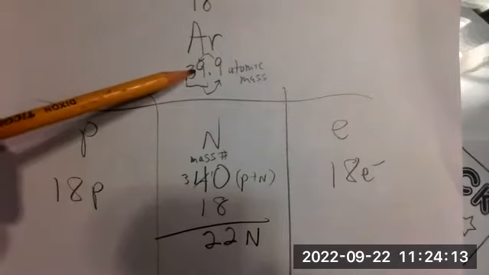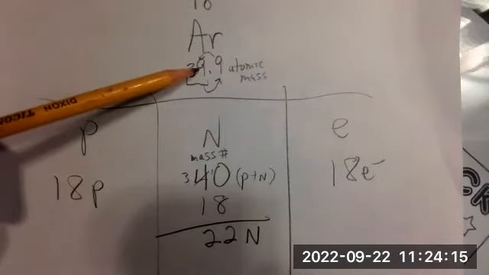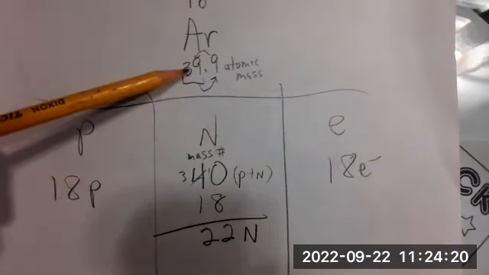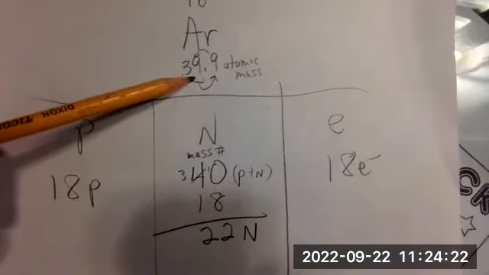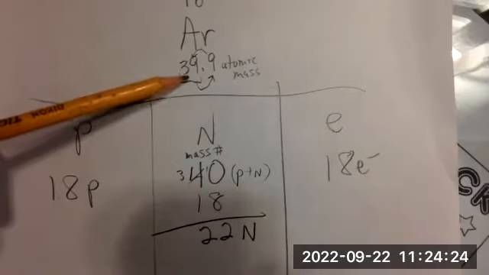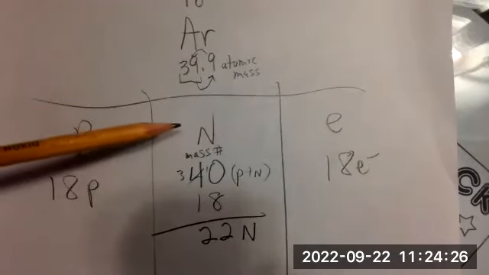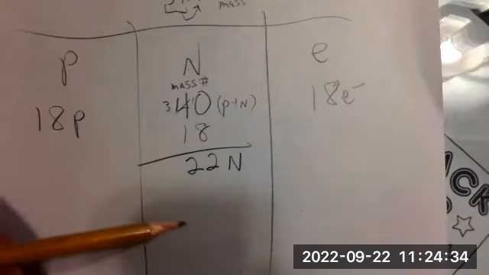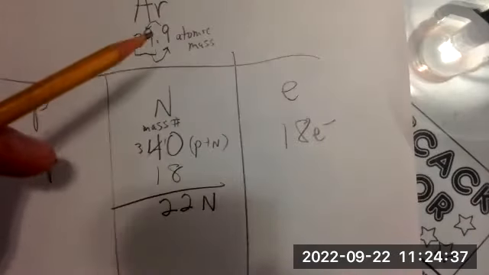But when you change the mass, you get the same element, just of a different mass. And so elements that are the same but have different masses are called isotopes. So changing protons, you change the element completely. Changing neutrons, you get the same element, but just a different isotope of that element. It just has a different mass.